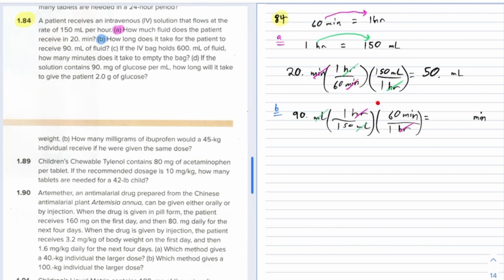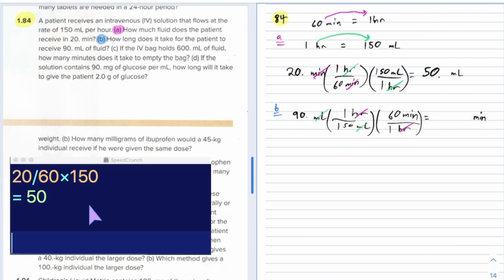And that relation is also flipped. Everything's flipped. Okay, so let's calculate the minutes. So you got 90 over 150 times 60. We get 36 minutes. So there was A. And now here's B.